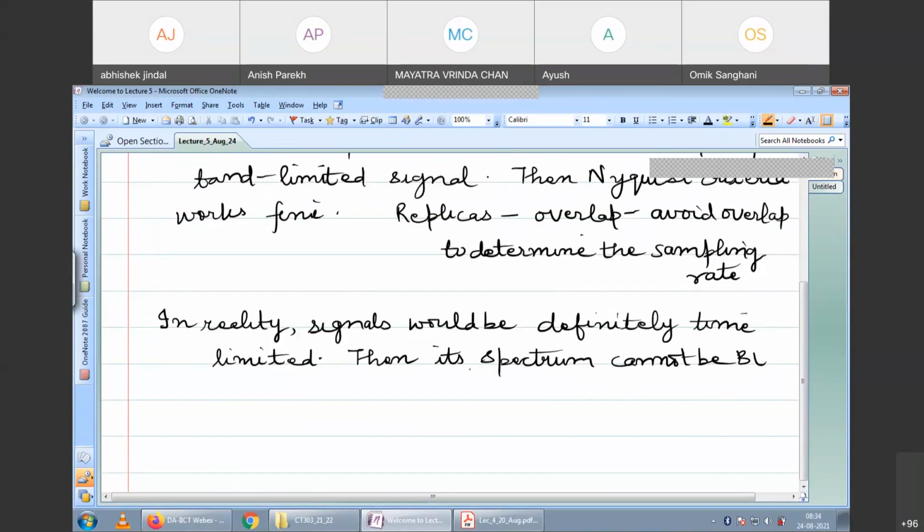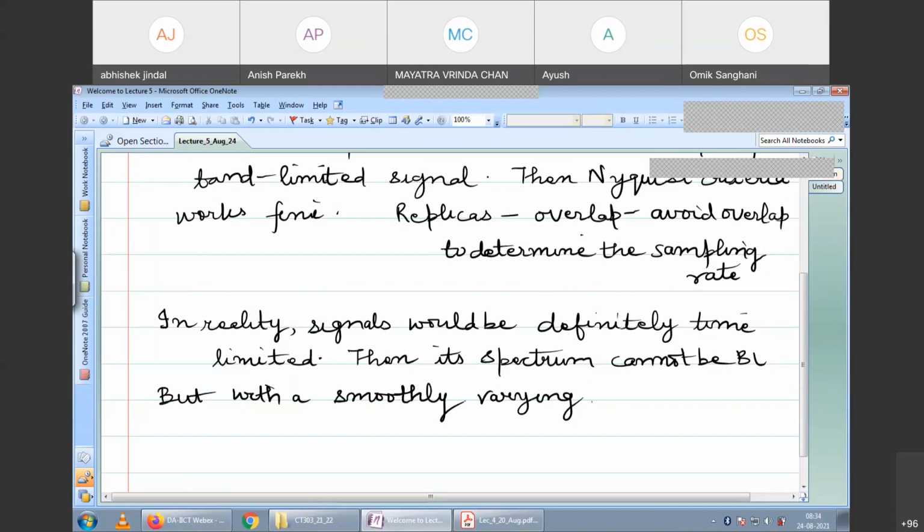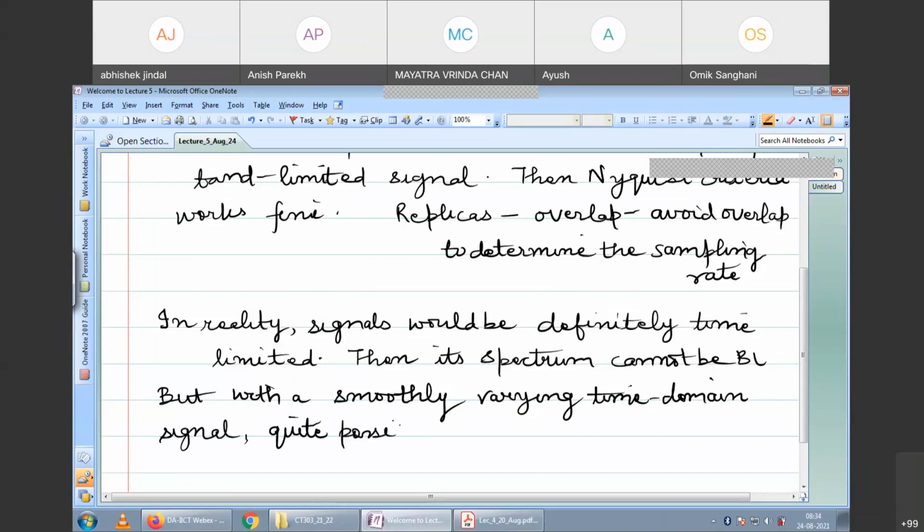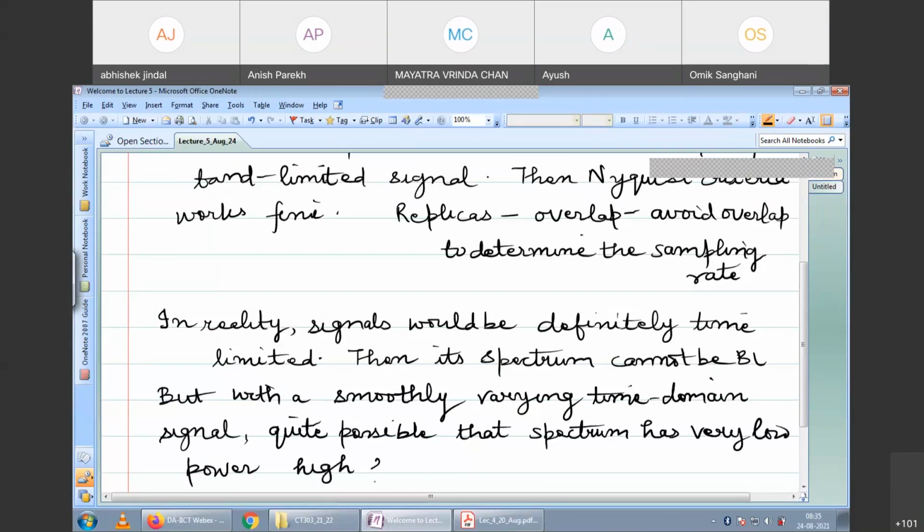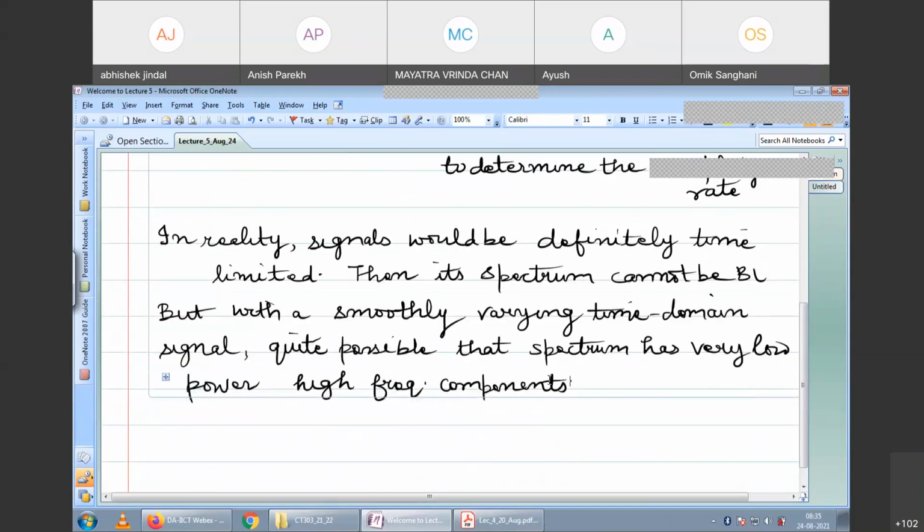But with a smoothly varying time domain signal, it is quite possible that the spectrum has very low power high frequency components. Why? Because you may not find that signals vary too much in a small time frame. They may, but in most settings, the signal will be somewhat smooth.